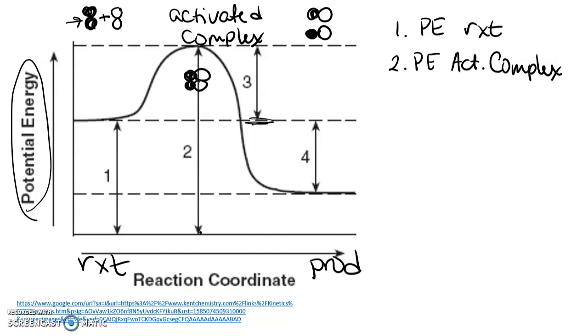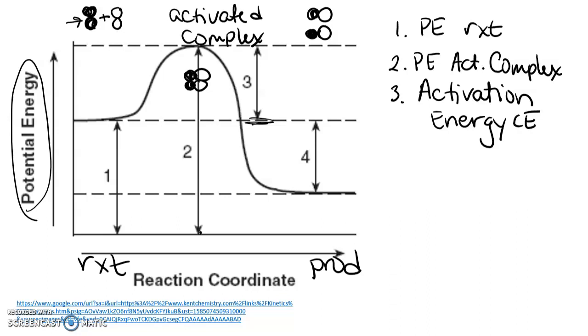So this is representing how much energy is needed in order to get the reactants to bump into each other and collide together. So that is specifically the activation energy. That's the amount of energy that's needed in order to get the reaction started. So you have to have a certain amount of energy to allow the particles to bump into each other in the first place. And this is often abbreviated E sub A.